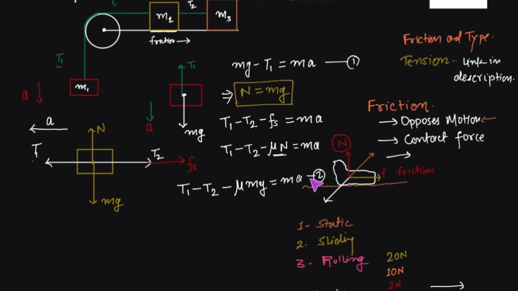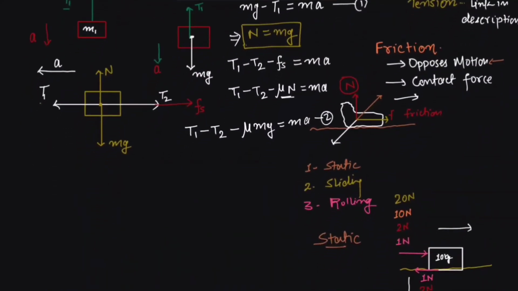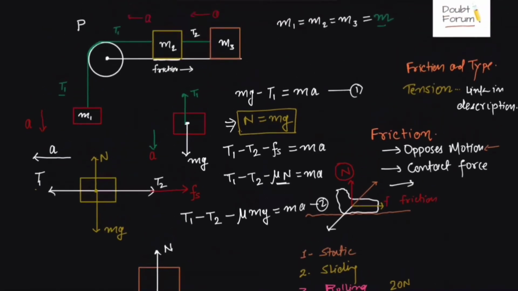Now we draw the free body diagram for this last and third block. So this is the last block. Again, weight mg would be acting downwards. Table would be applying a normal force, so N would be the force upwards. To the left side is the string.